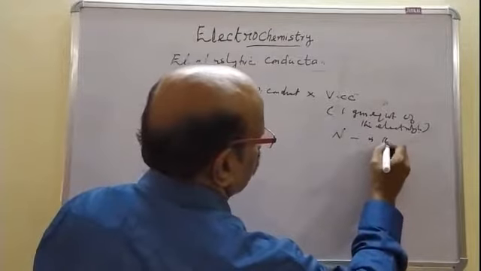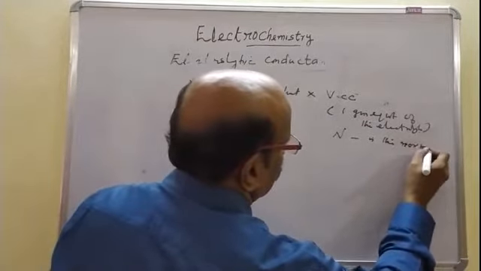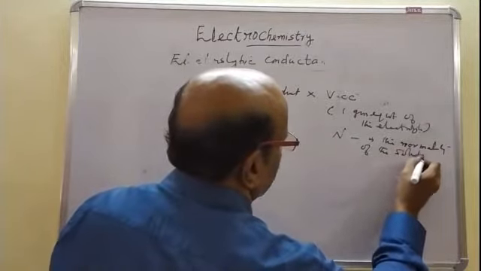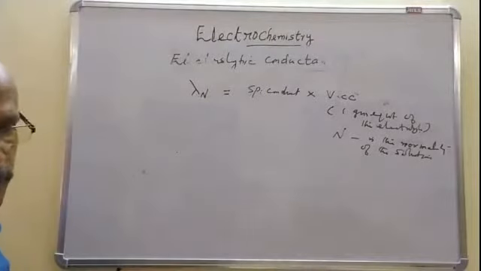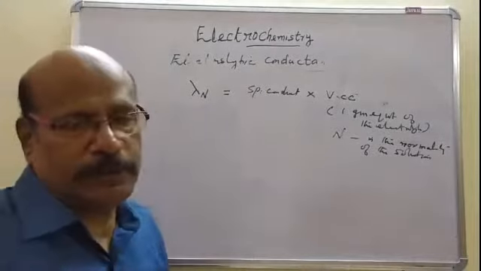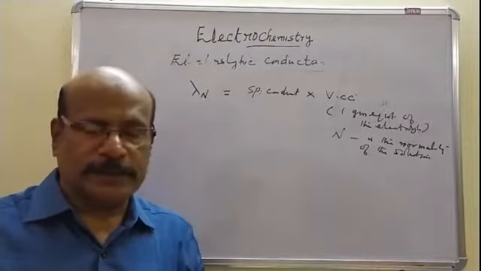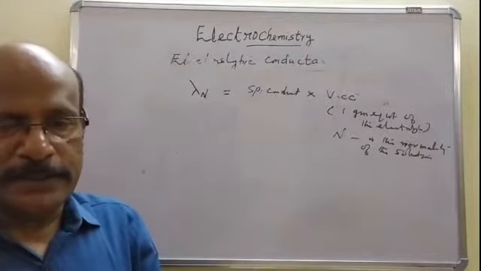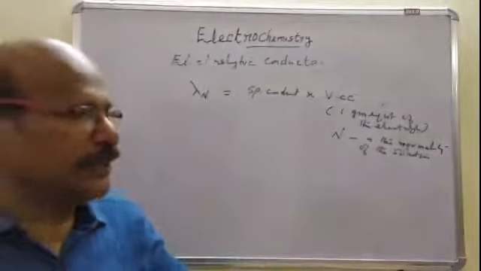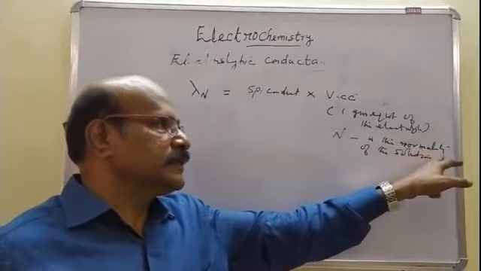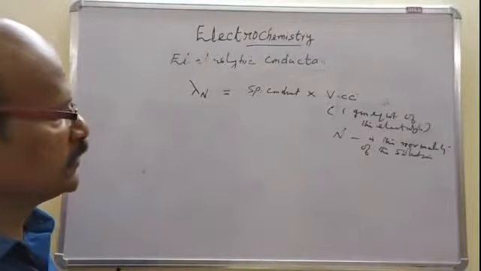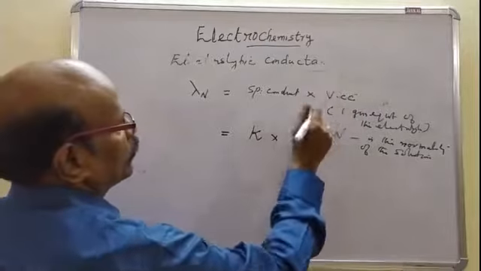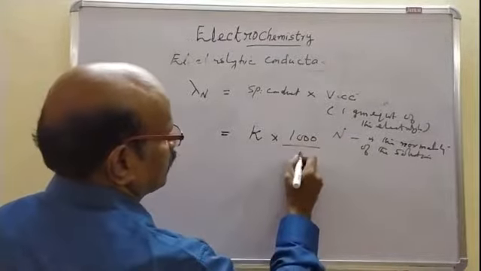Normality is the number of gram equivalents per liter, or per 1000 cc of the solution. Then V becomes 1000 by N.